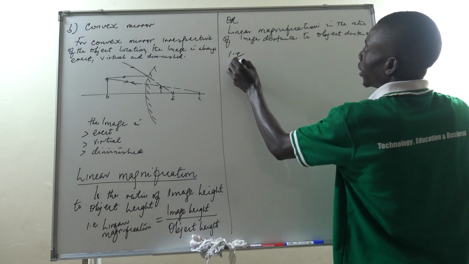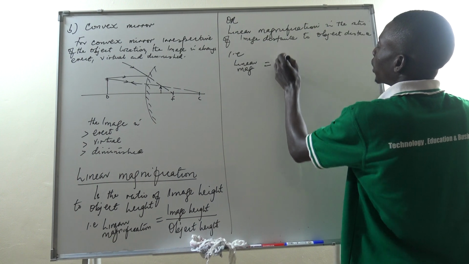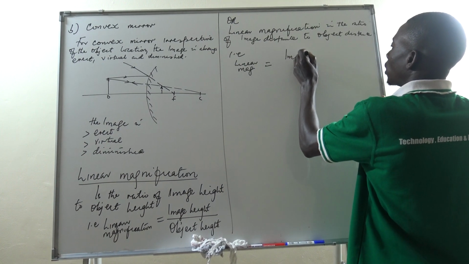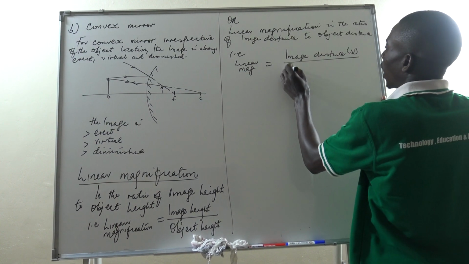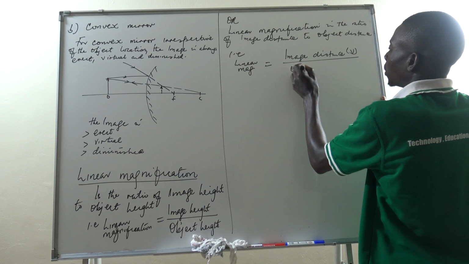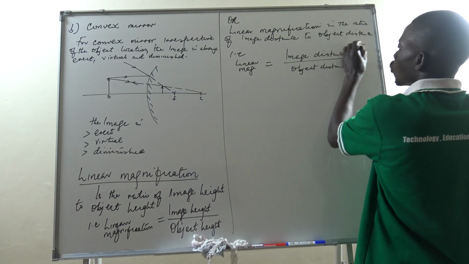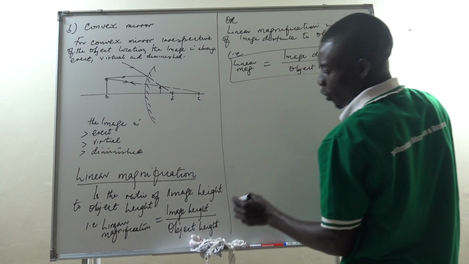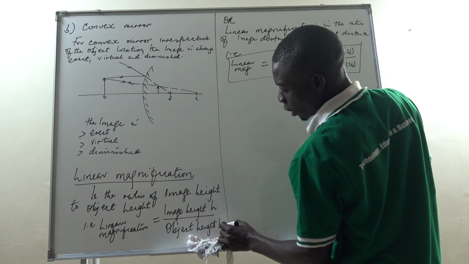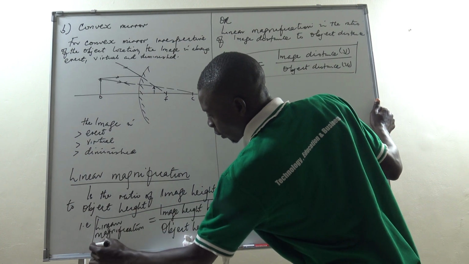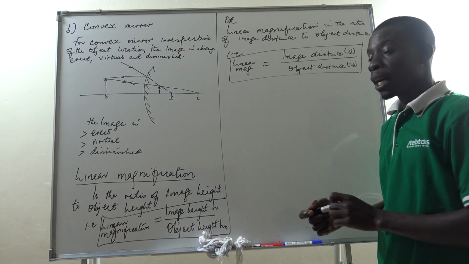That is, linear magnification can be equal to image distance, if it is v, over object distance u. Is that okay? Now here, if you're using denotation, I can say h out of h naught. That one is also what we are calling linear magnification.